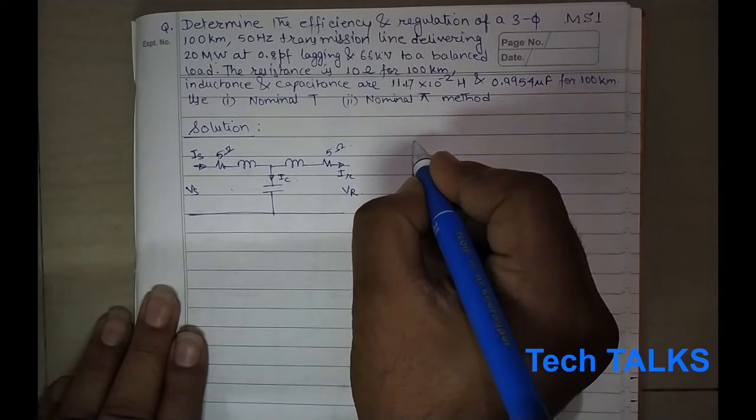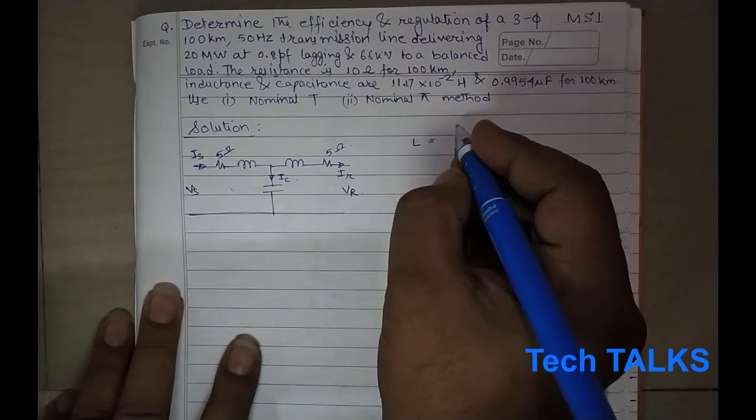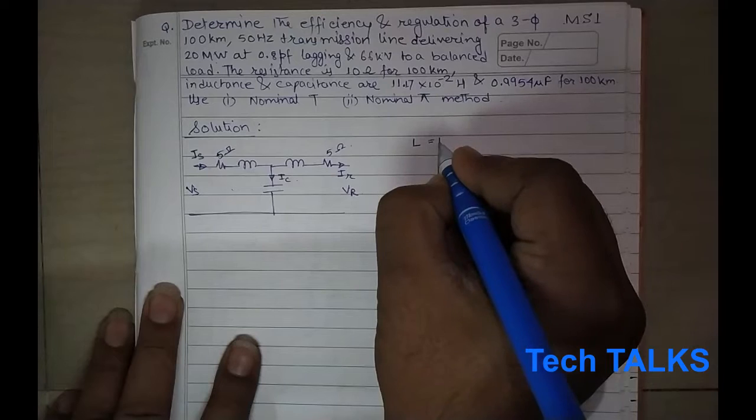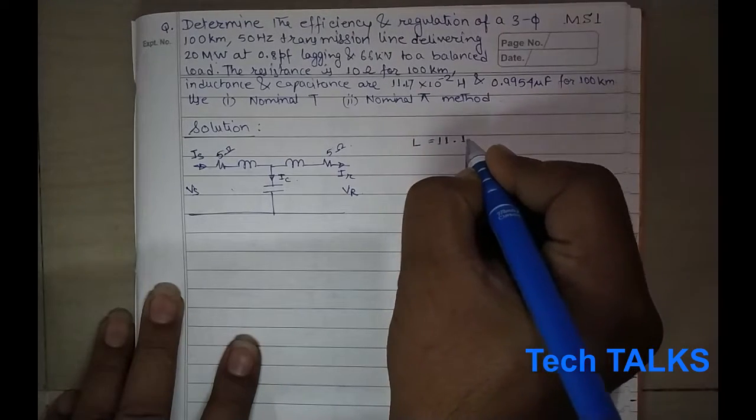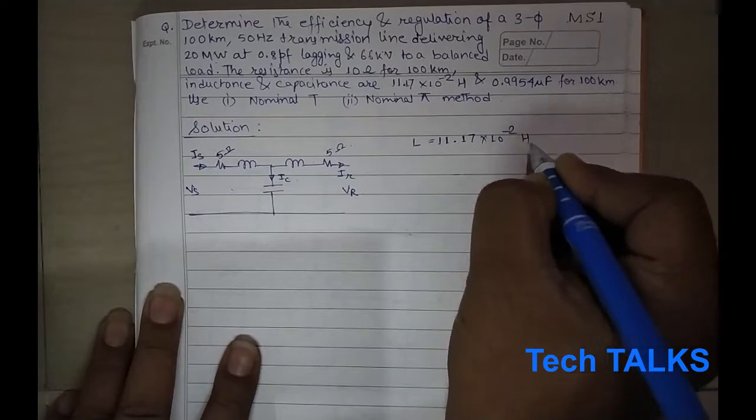Now the value of L is 11.17 into 10 to the power minus 2 Henry.